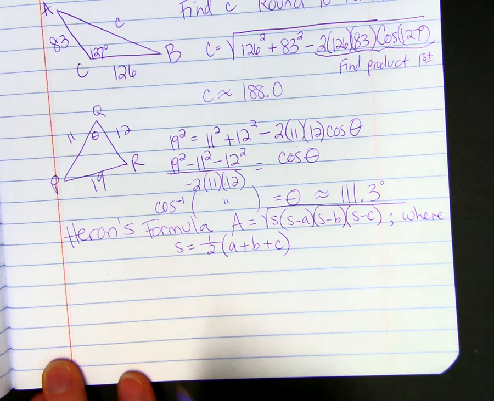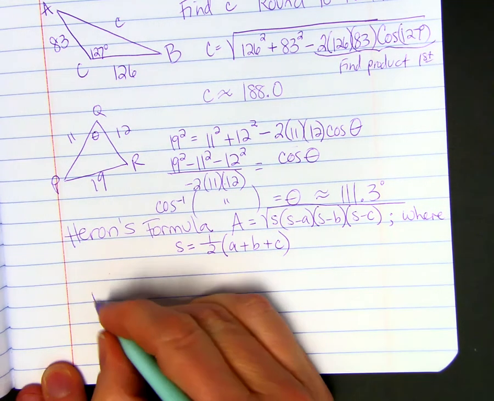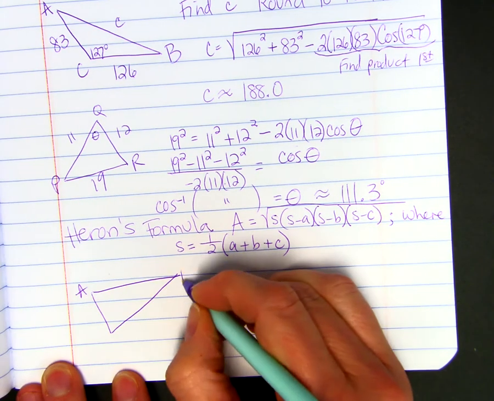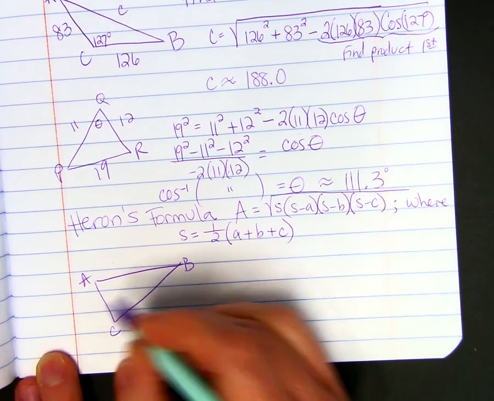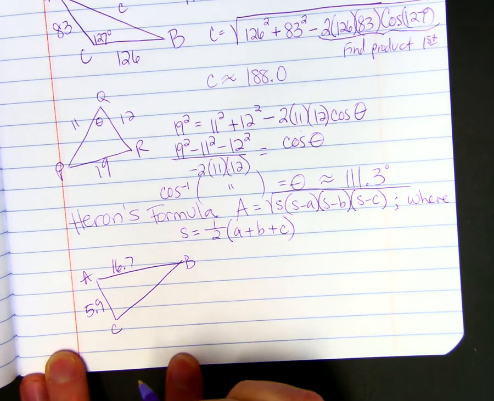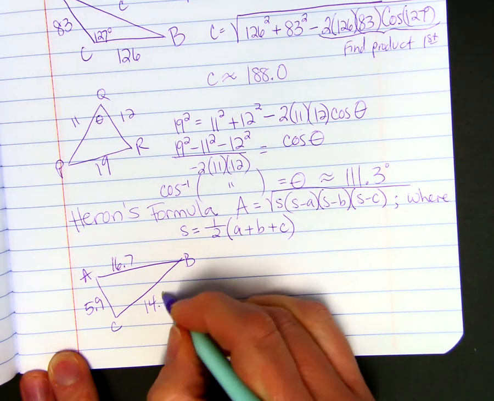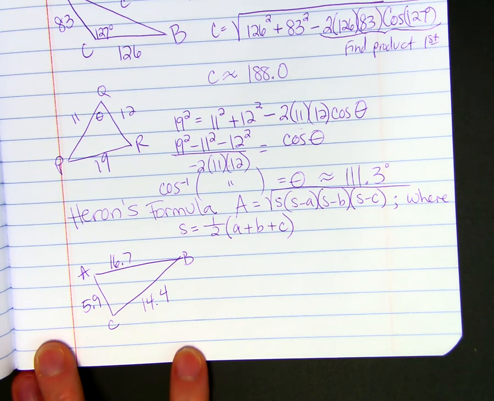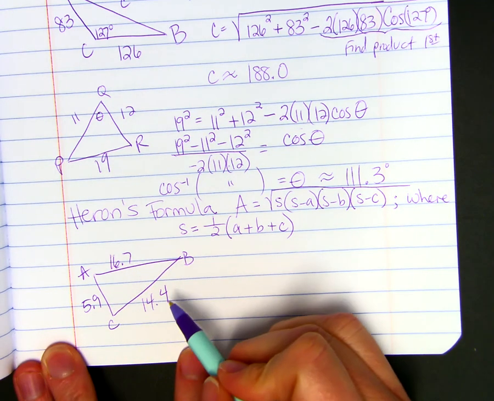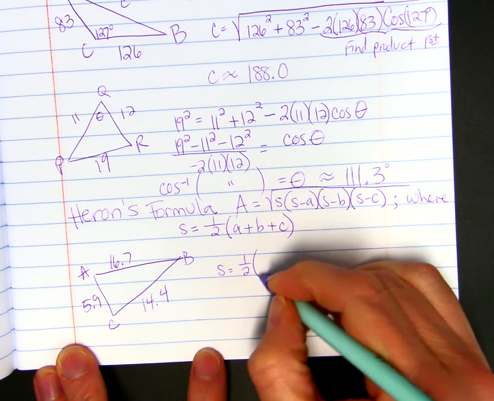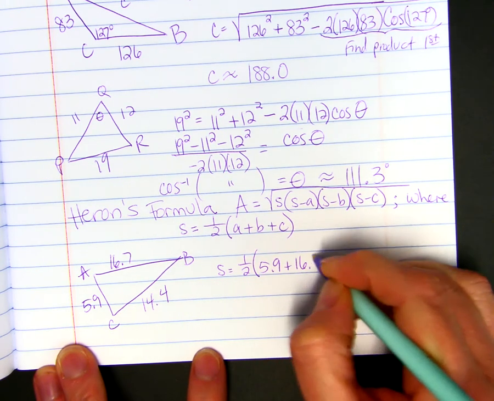So for example, if we have triangle ABC, AC is 5.9, AB is 16.7, and BC is 14.4, and we want to find the area. Before we can find it, we have to find what S is. So we're going to add all this together and divide by 2. So S equals 1/2.